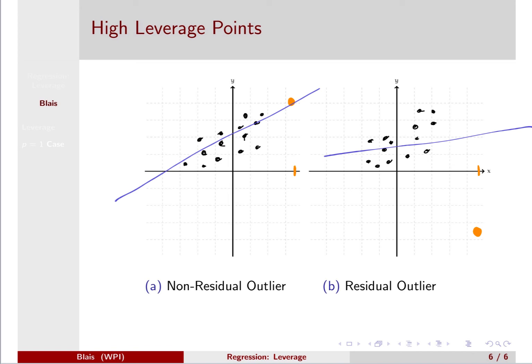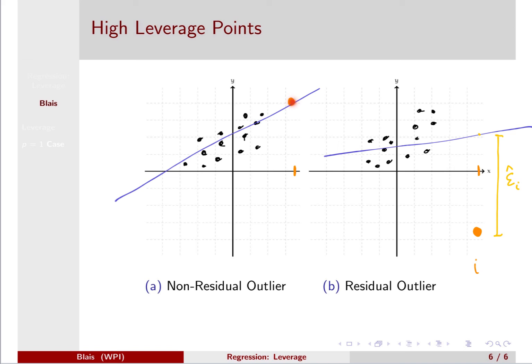And the issue here, in this case you would have a residual outlier, is the residual associated with this data point is large. So if this is our ith data point, this is going to be our epsilon i hat.